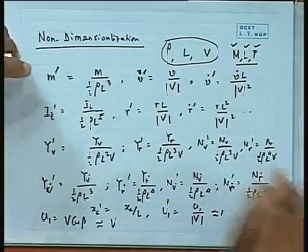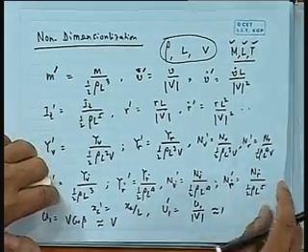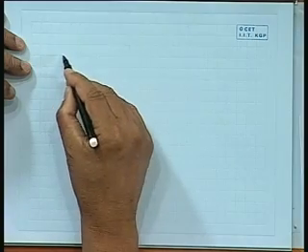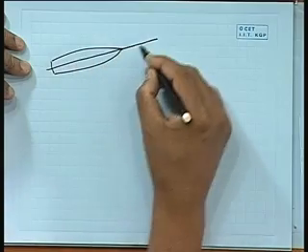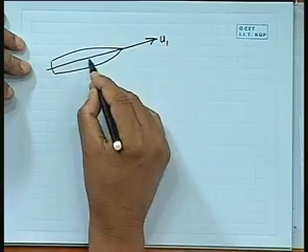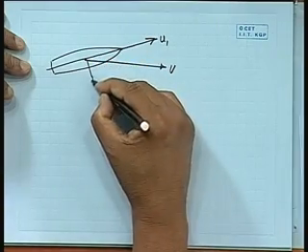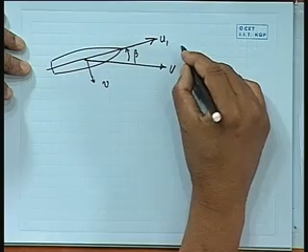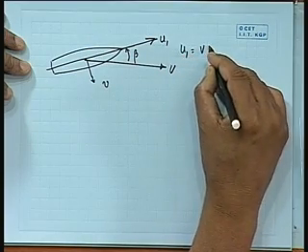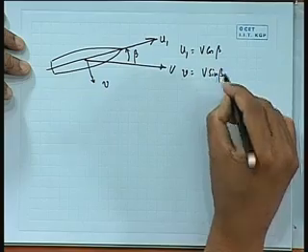In other words, okay, this I will tell you in the next slide maybe why it is so. See, whenever we are talking of a shape here, this is my U1, this is my V, this is my beta, U1 equal to V cos beta and V equal to V sin beta.